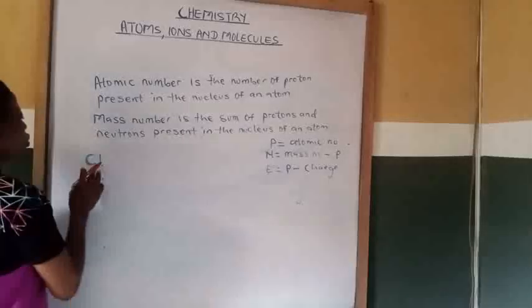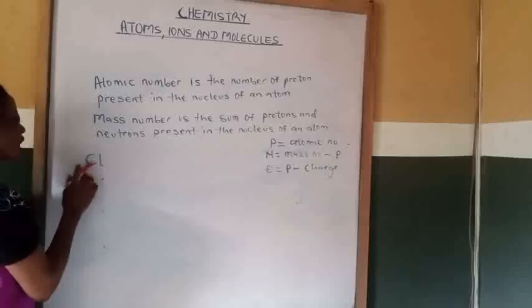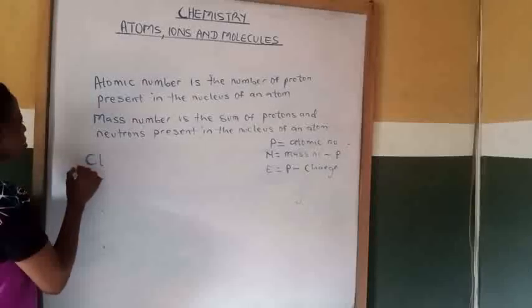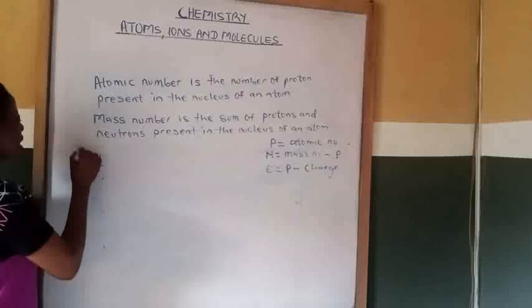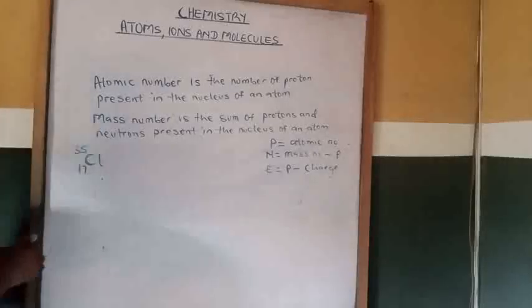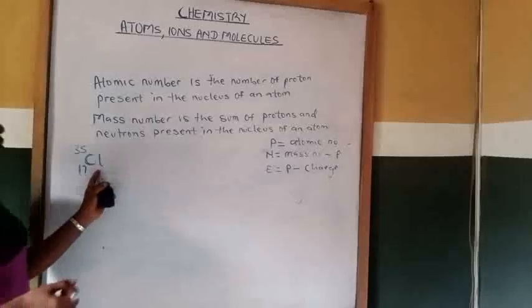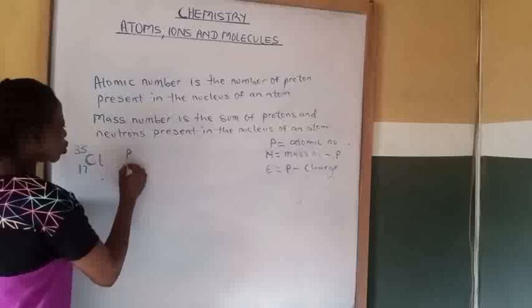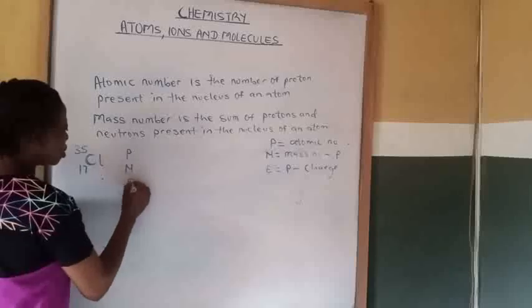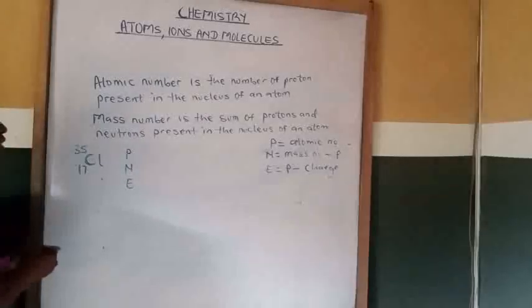So this is a known atom. The atomic number of chlorine is 17, while the mass number of this element is 35. So this is an atom. Now you want to look for the number of proton, neutron, and electron.